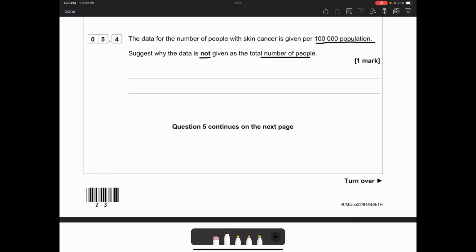Well, what you've got to imagine is, in the country, is the population of each of these different age groups exactly the same? No, there's generally more old people than young people, because we're living longer.